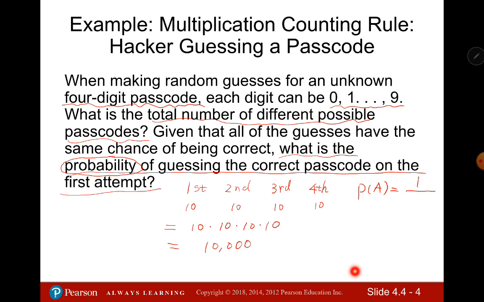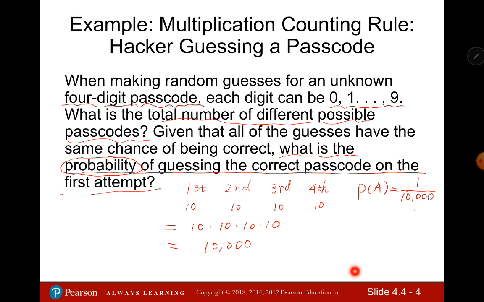So we have one attempt over the total possible outcomes.